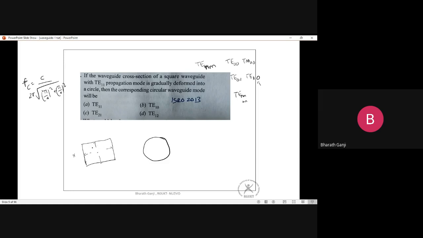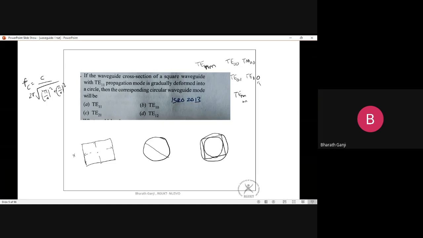What I can see is, mostly when I deform a square waveguide into a circular waveguide, let me take a square, and I can make it a circle like this, or maybe I can make it a circle like this, if I want to. So from there maybe I can estimate what kind of radii I can have and what kind of cutoff frequencies I'm dealing with.